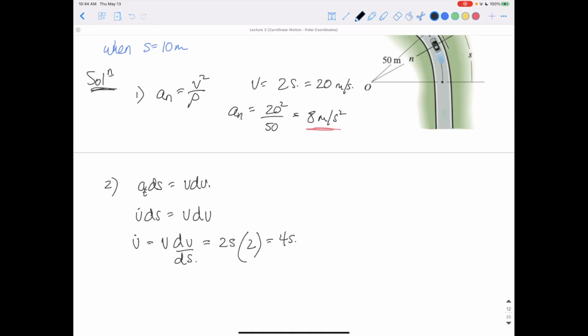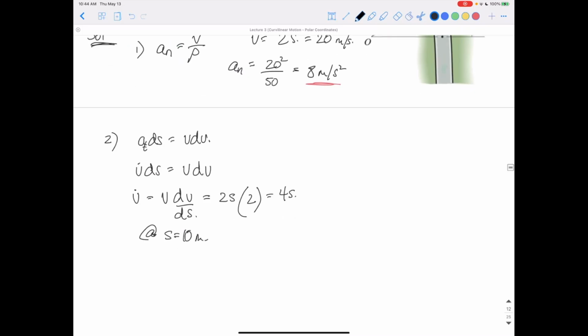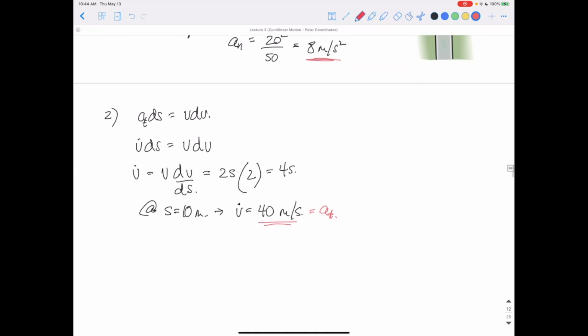And if our distance s is 10 meters when we want to do this analysis, so at s equals 10 meters, our v dot is equal to 40 meters per second squared. And that is our tangential acceleration.